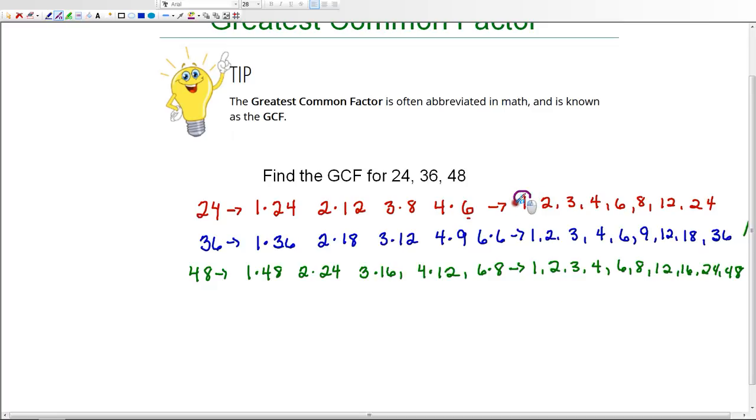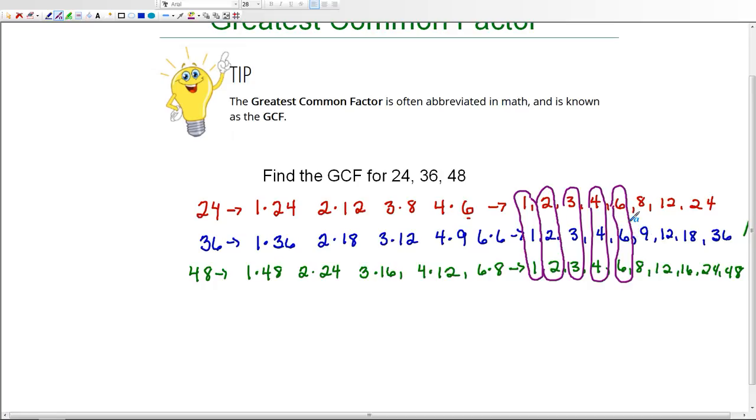So, for example, 1 is a common factor because 1 is a factor of all 3 numbers. The same with 2. All 3 have a factor of 2. They all 3 have a factor of 3. The same with 4 and 6.